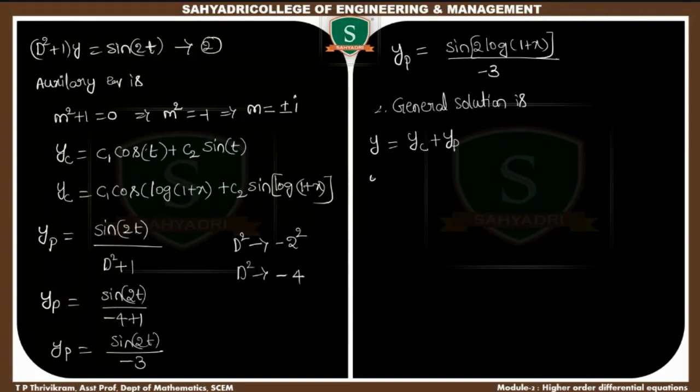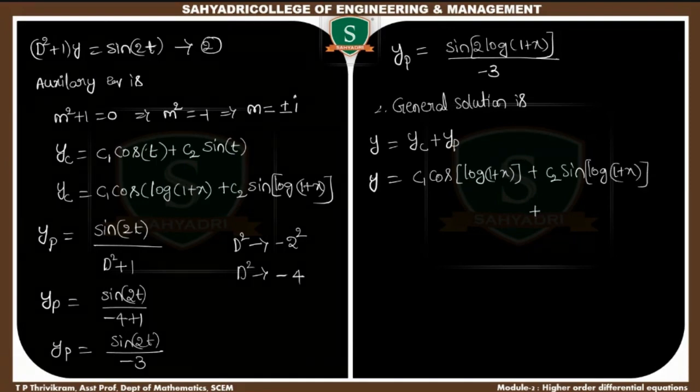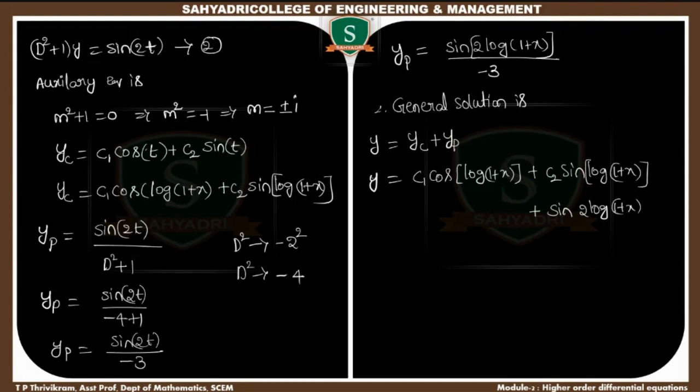So y is equal to c1 cos of log 1 plus x plus c2 sin log of 1 plus x plus sin 2 log 1 plus x divided by minus 3, or you can write that minus here also.